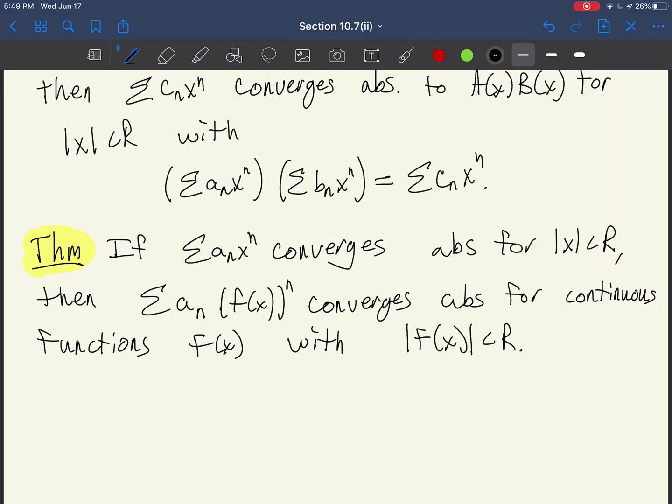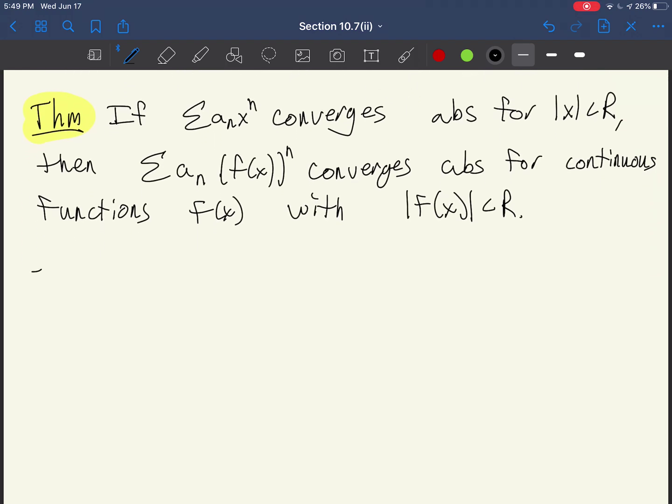And it has radius of convergence and interval of convergence, the absolute value of f of x less than R. So in other words, if you have a power series, you can replace x with some continuous function of x.